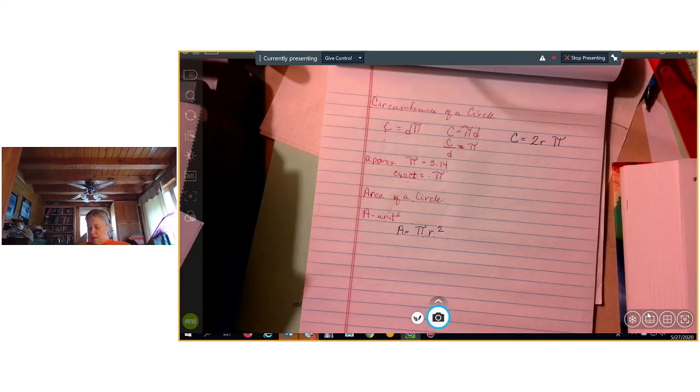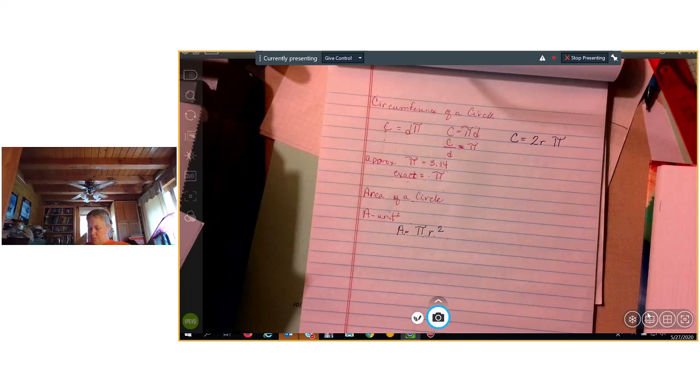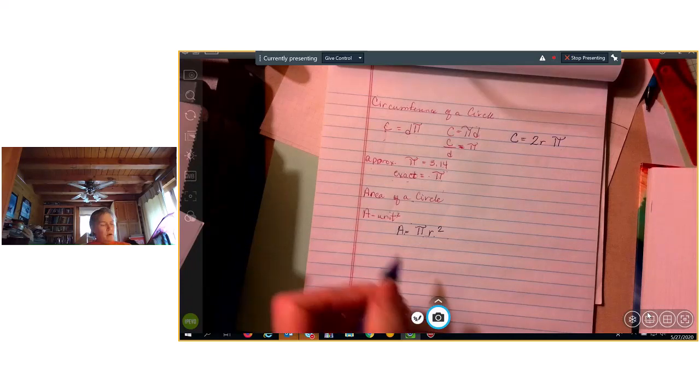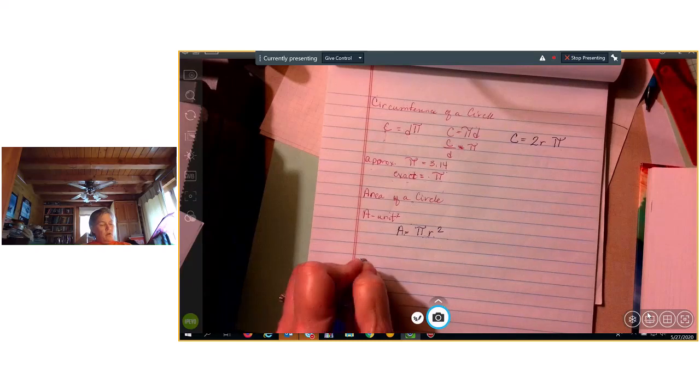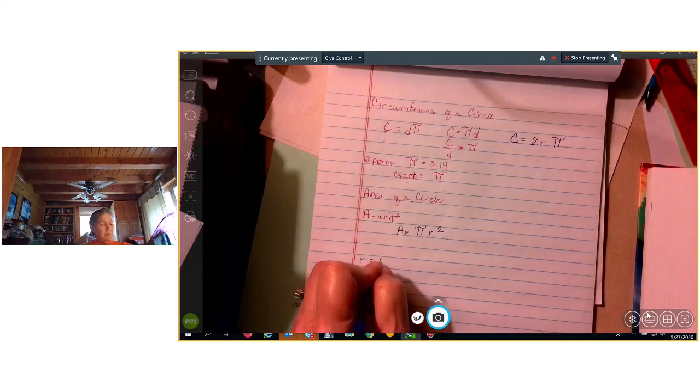So let's say that we have a radius equals 6 centimeters.